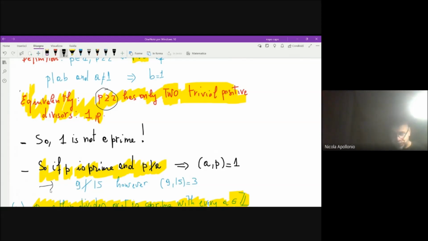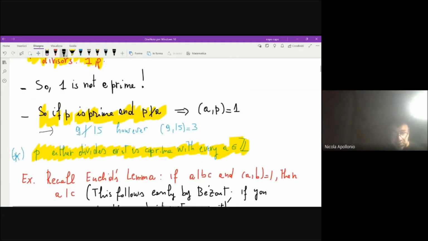There are only two possibilities. Either A is a multiple of P. You see, P is a brick in A. Or A and P are coprime. They have no common divisors. This is obvious, but explains why primes are important. What happens to a non-prime?